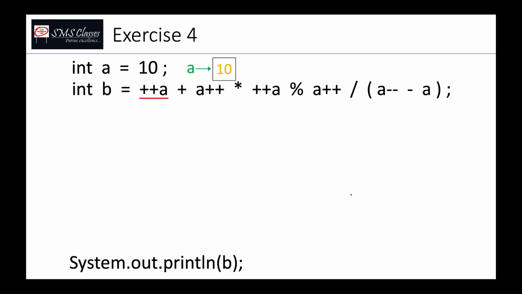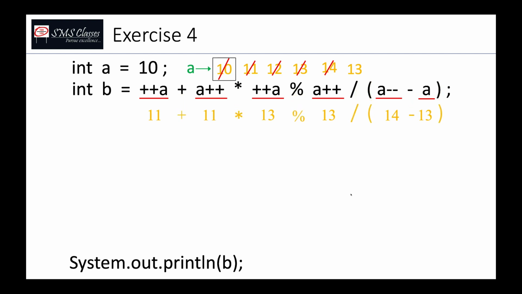So A value is 10. So plus plus A increments and substitutes. A plus plus substitutes and increments. Plus plus A increments and substitutes. A plus plus substitutes and increments. A minus minus substitutes and decrements. Now A value is 13. Now parenthesis takes precedence.